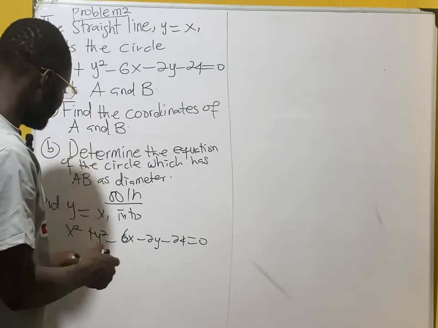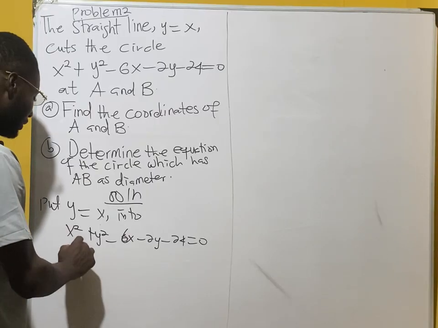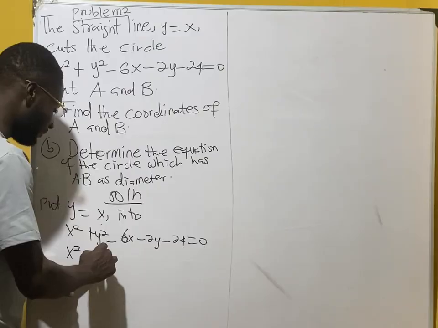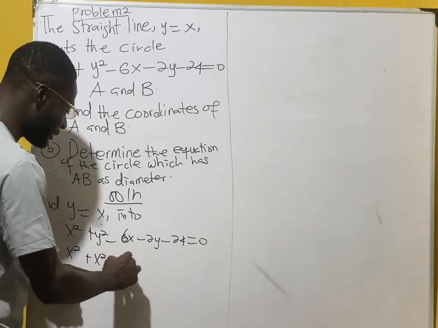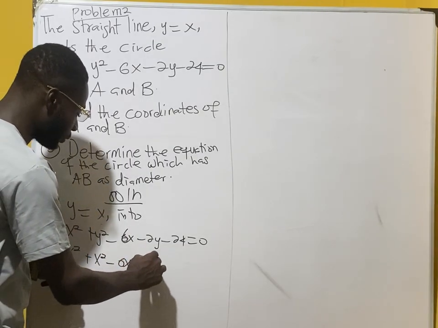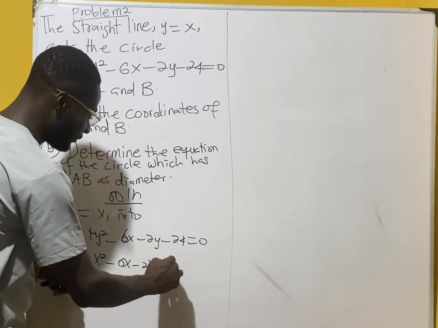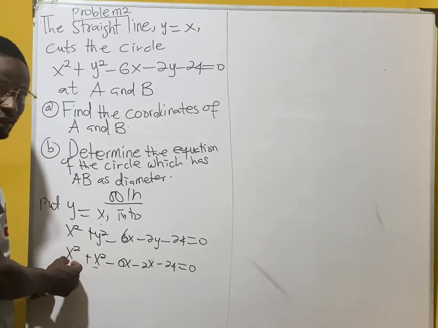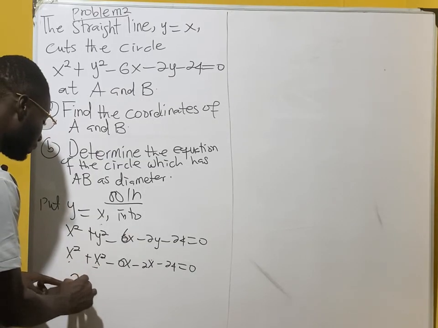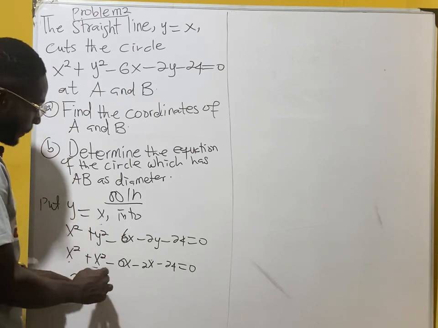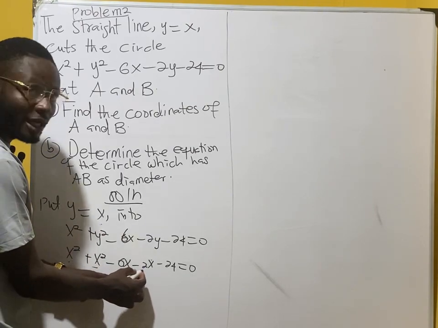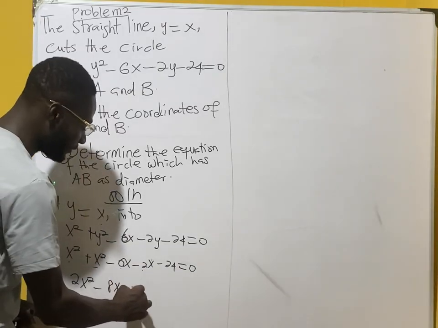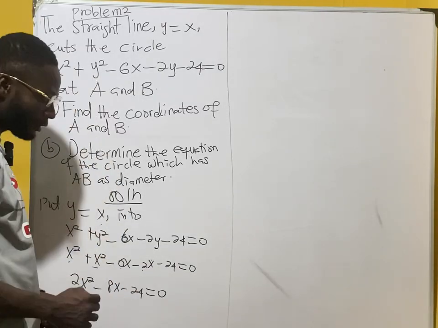So we have x squared plus x squared minus 6x minus 2 times x minus 24 equals 0. Here, x squared plus x squared gives us 2x squared, and minus 6x minus 2x becomes minus 8x, minus 24 equals 0.